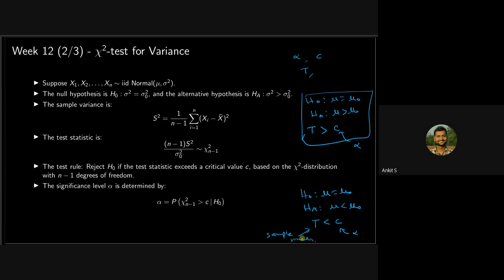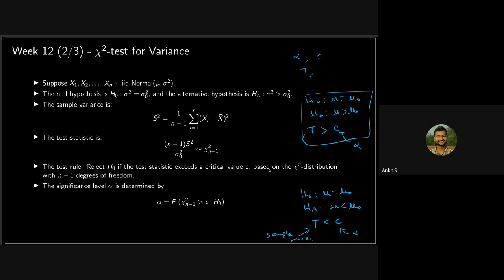So you calculate the sample mean. If it is less than some critical value that comes from the amount you want to be confident about, so suppose you want to be 95% confident, then you will get some value of c. And if your sample mean is less than that value, then you will reject. Is there confusion here?